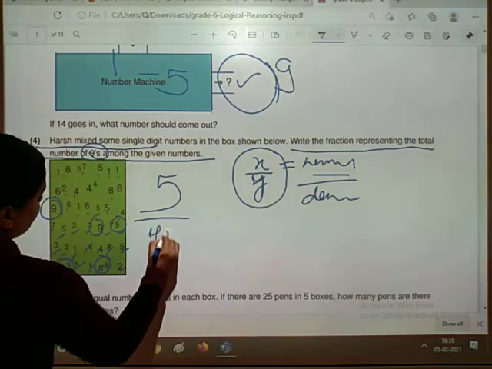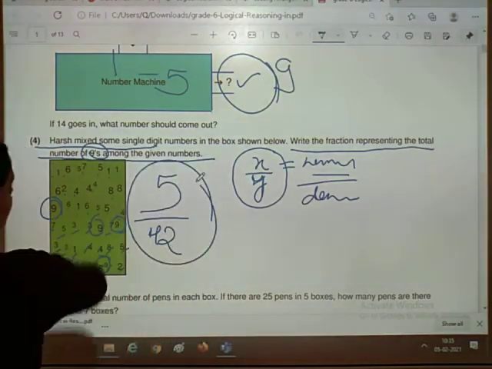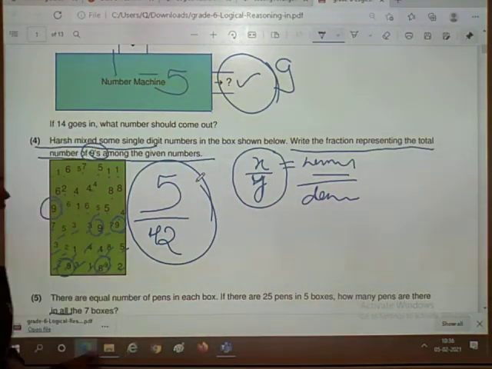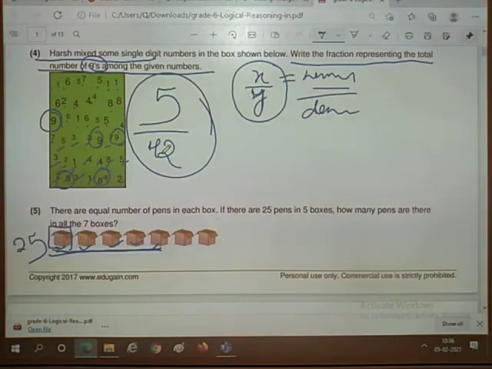There are 42. So this would be the fraction of nines among the given numbers, 5 upon 42. It was very simple. Okay, the next question.